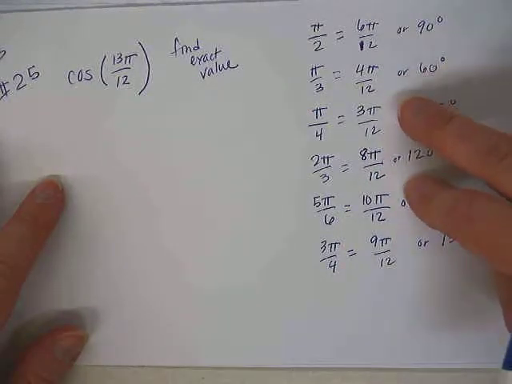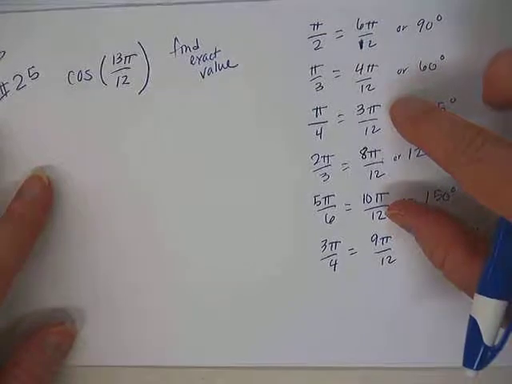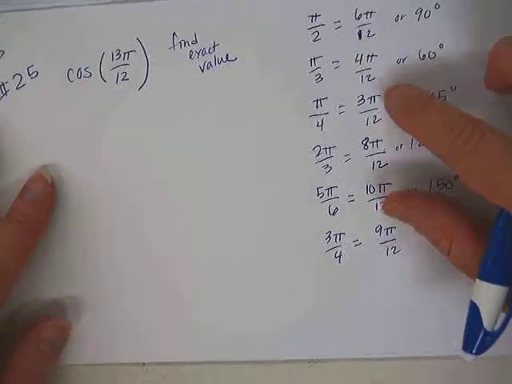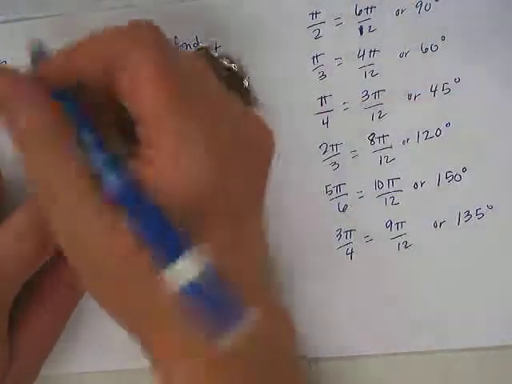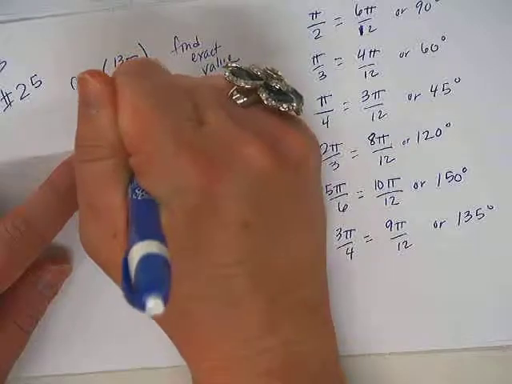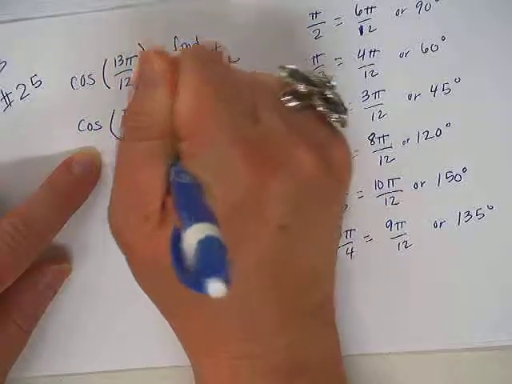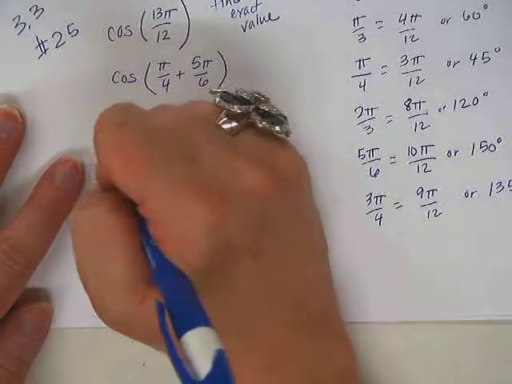I don't know if you want to go with what the book did or do something different. Just choose 2 that'll work. I'm inclined to do pi fourths and 5 pi 6. Is that okay? Okay. So cosine of pi fourths plus 5 pi sixths.